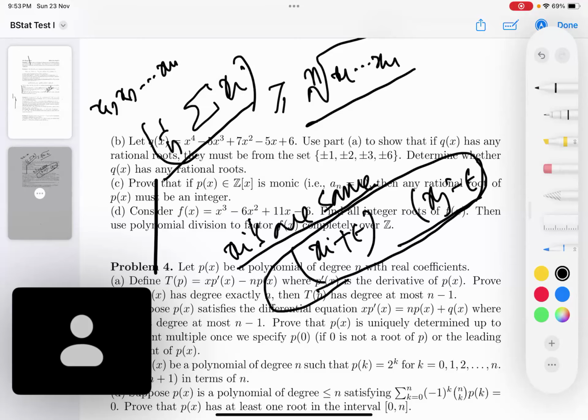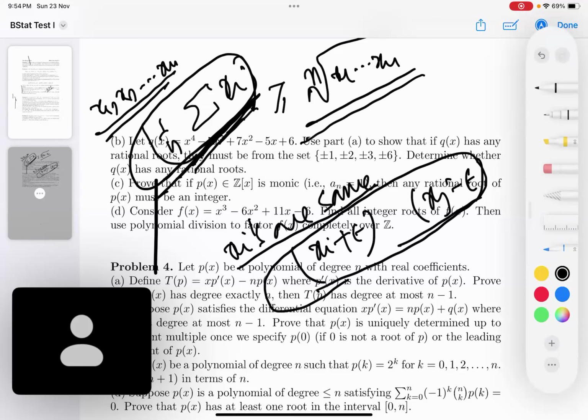Exactly. That's what AMGM says. If you keep the sum constant, the geometric mean reaches its maximum potential only when all the xi's are the same.